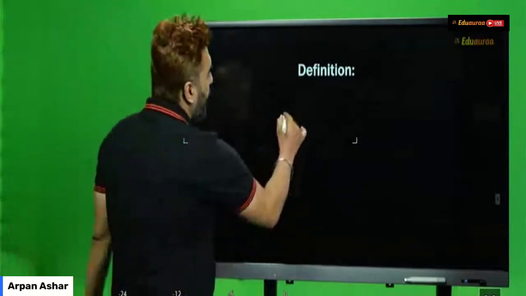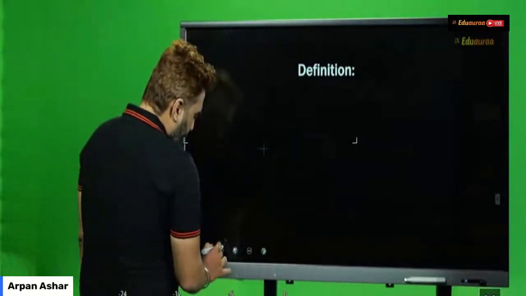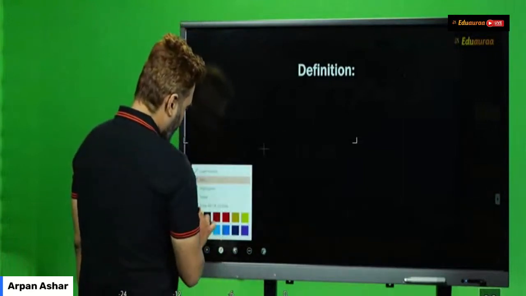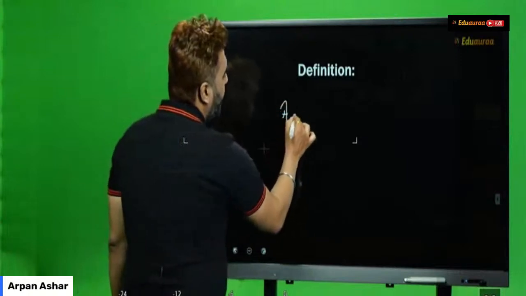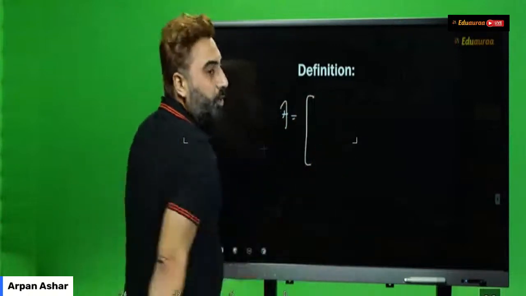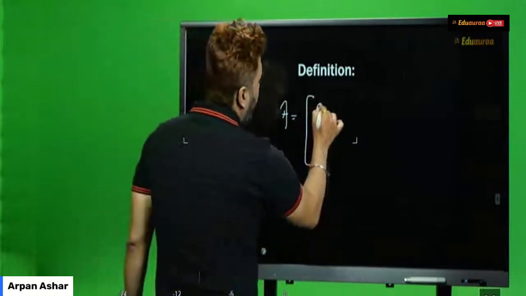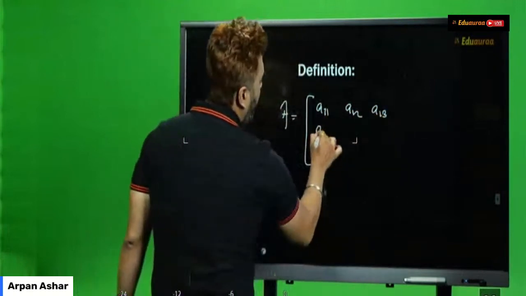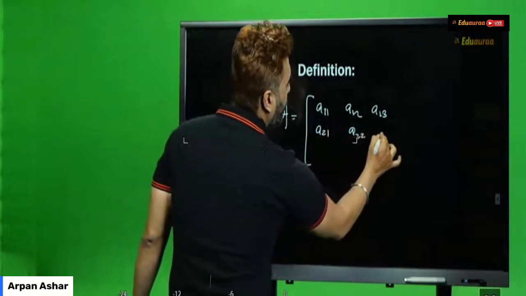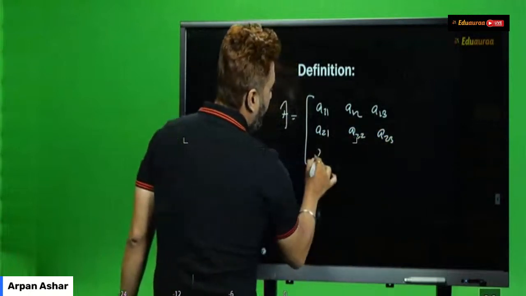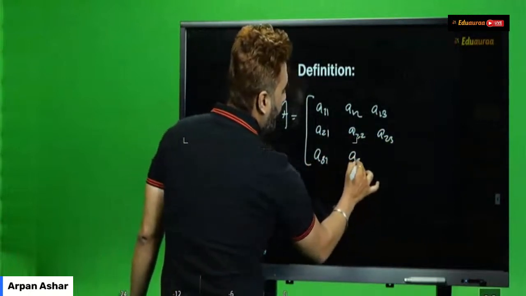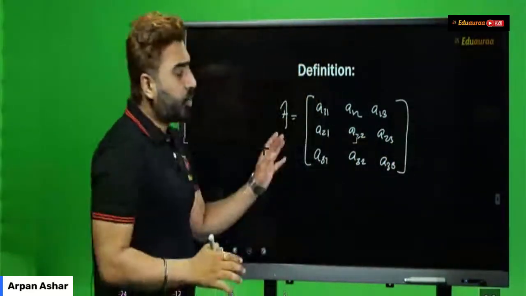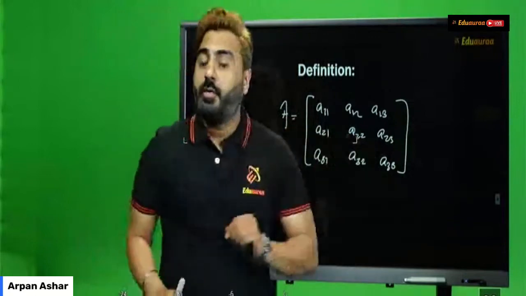So let's say we write matrix A is equal to A11, A12, A13, A21, A22, A23, A31, A32, A33. So this is a general representation of a matrix.